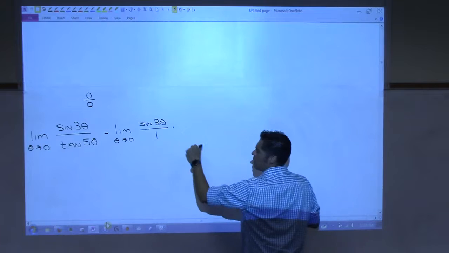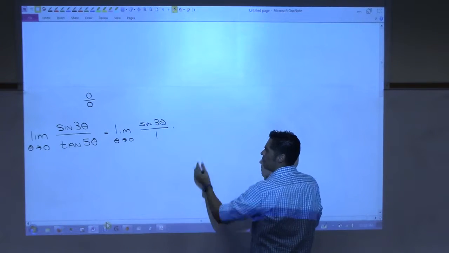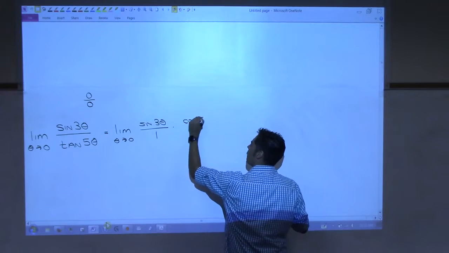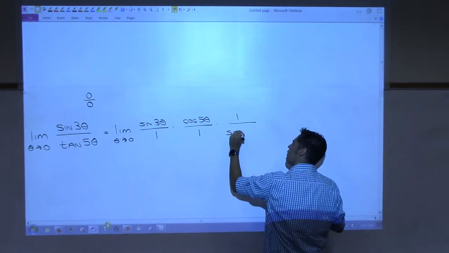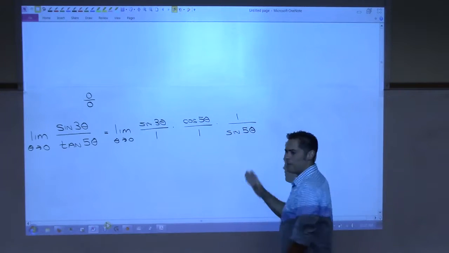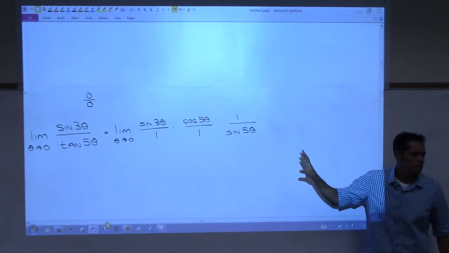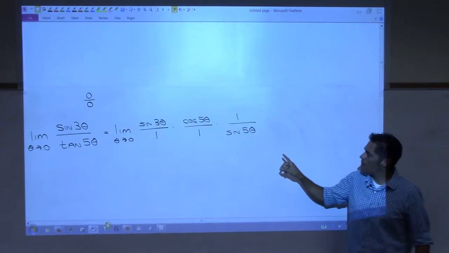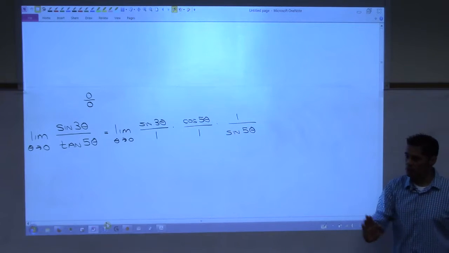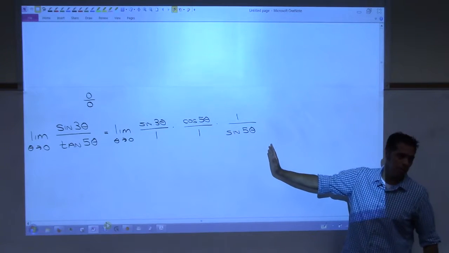I did 1 over tan, but I broke that one down, and it turned out to be cosine 5 theta over 1 times 1 over sine 5 theta. So is everyone comfortable with this part of it up to here? We also did 5 theta over 5 theta. That's where I'm going to start. I just want to make sure we're all okay with up to this point.